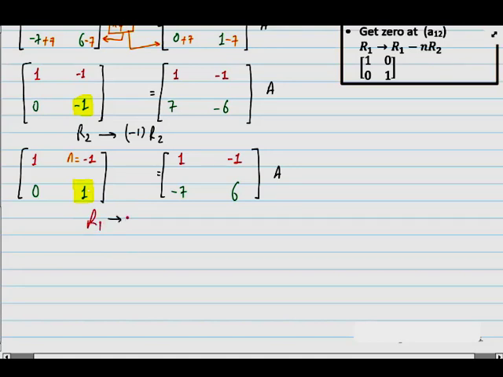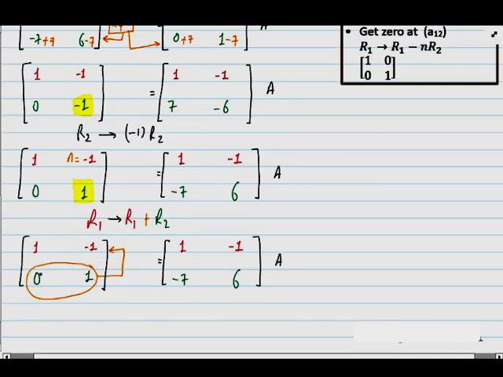R1 gives R1 minus n, or we can say plus 1 into R2, right? So let's take this operation, and for that we have to write down what we already have. Here it is. Now we have to simply add the second row to the first row.